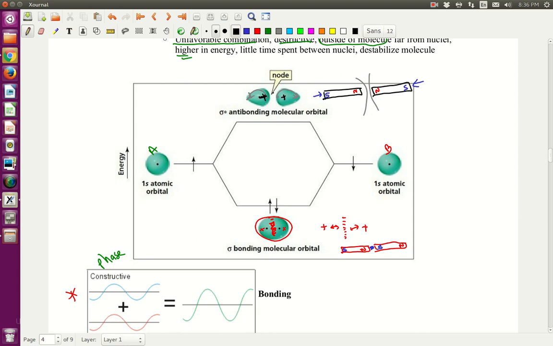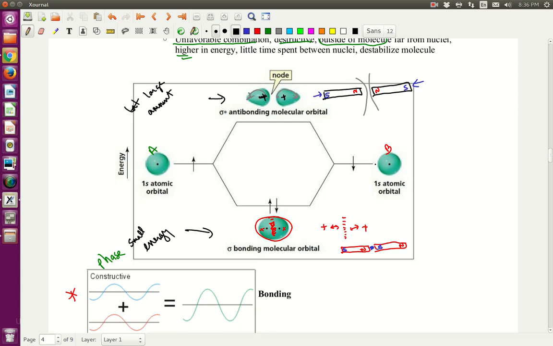So the only way to force this together is to put a lot more energy. So notice the small amount of energy for these bonding orbitals, but it takes a large amount of energy to create the anti-bonding orbitals, because you're having to force it in. So that's the difference.